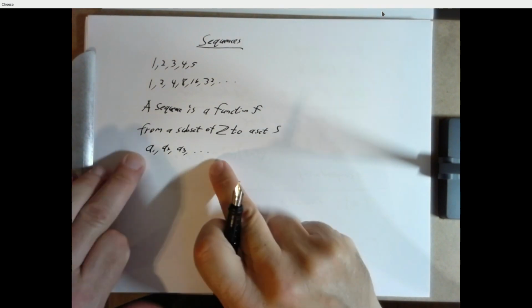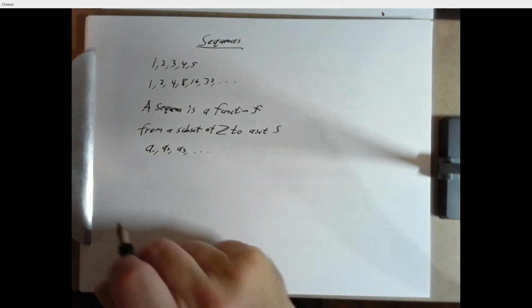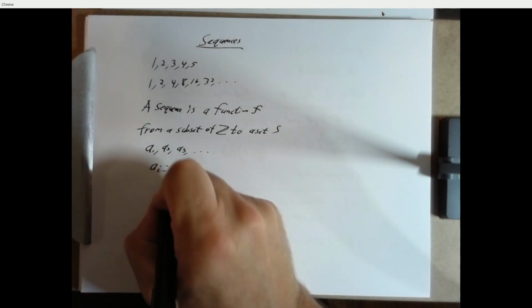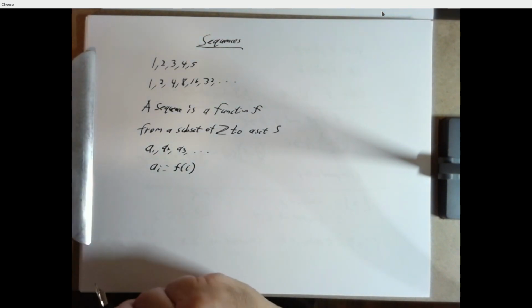And this might be a finite collection of terms, or it might be infinite, as in this case. But the idea is that each a sub i is this function f applied to the integer i.